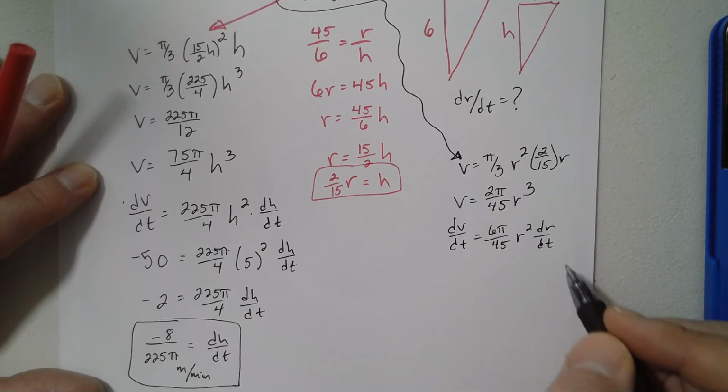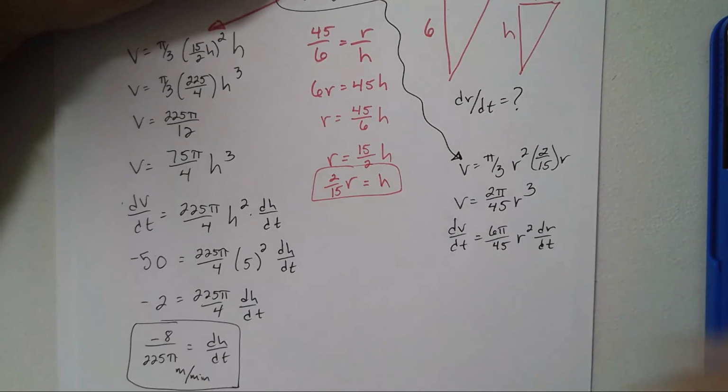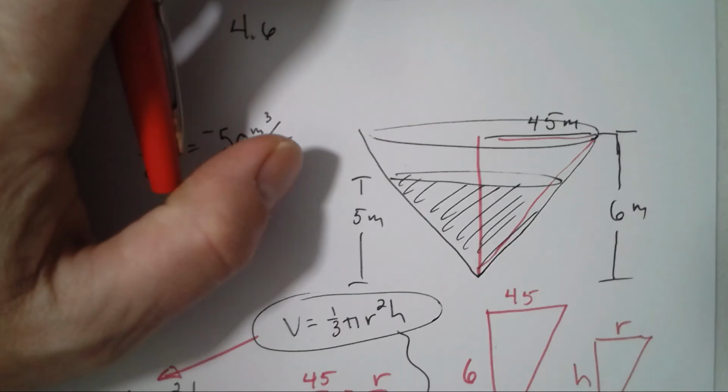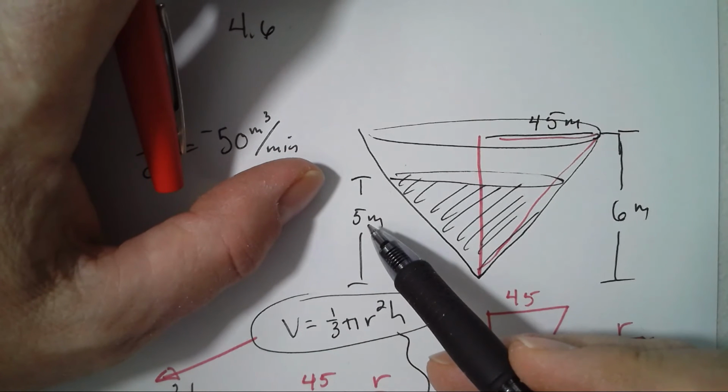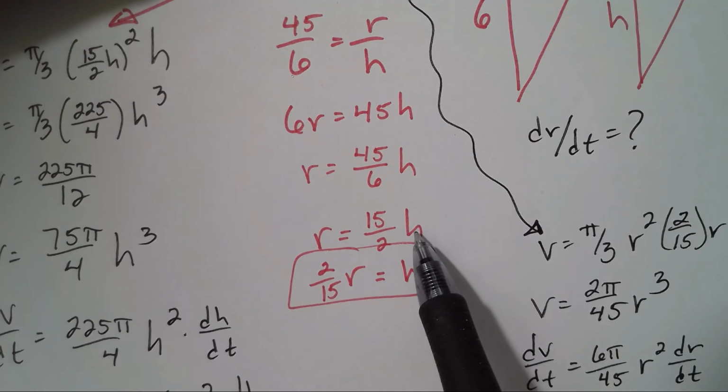We don't know r, but we did know h. Our height is 5, so we can find r by plugging 5 in for h, and that would be 75 over 2.